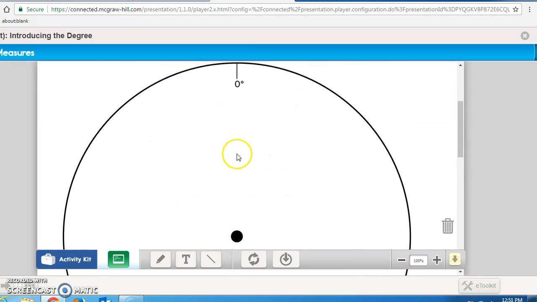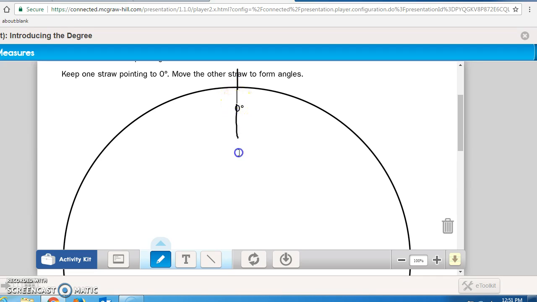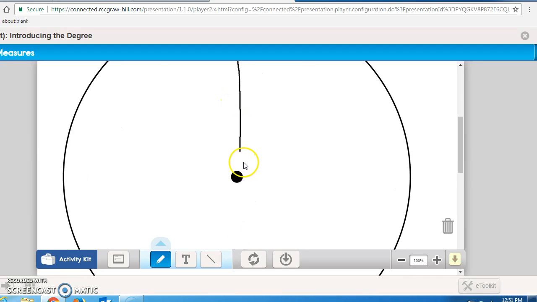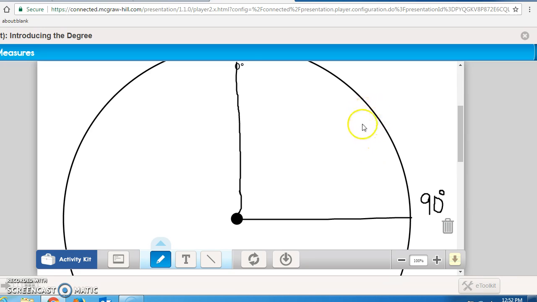So your vertex is going to be here. If you would start with both straws, I'm going to show you, you would want to lay it down to the vertex. And then if you laid the other straw out to this area, this would be at 90 degrees. So if you were going to draw an angle that was halfway between 0 and 90, you would want to measure it to make sure it's accurate.